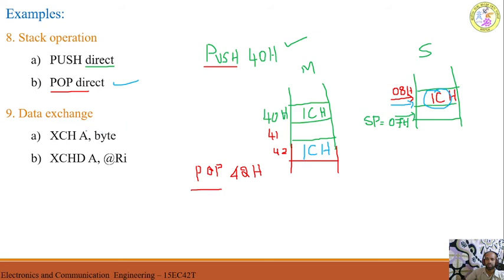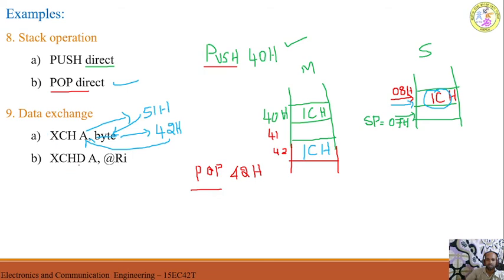For example, let us assume that the content of the accumulator is 51H and the content of this memory location is 42H. After XCH, these two contents will be exchanged. 42 will come to the accumulator and 51 will go to this memory location. This is called exchanging, XCH.